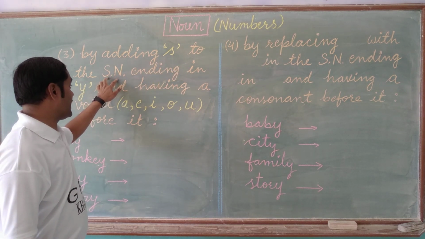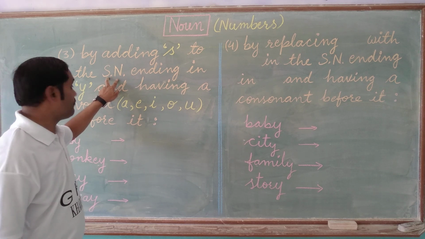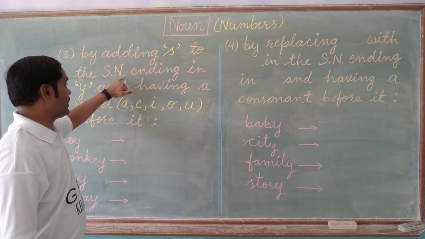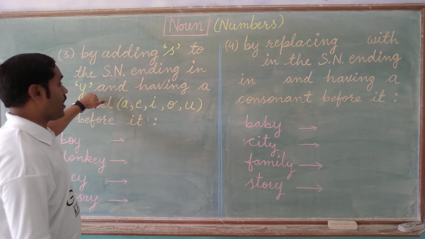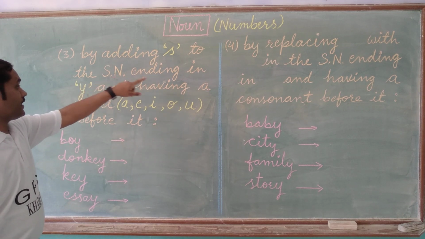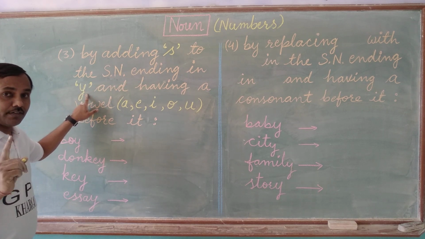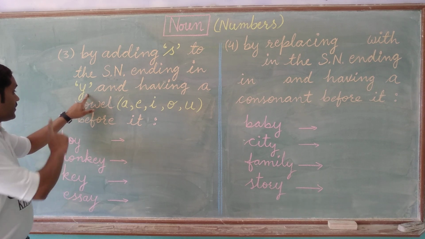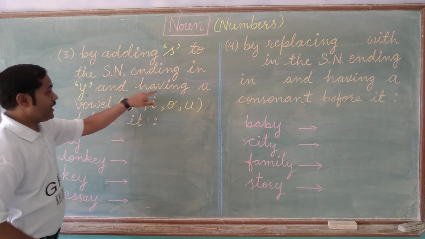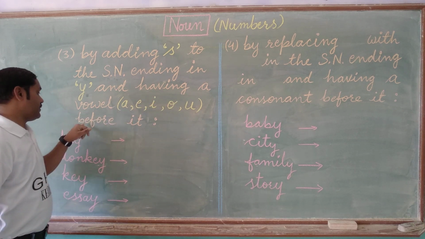The abbreviation SN represents singular noun. By adding S to the singular noun ending in Y. Yes. If singular noun is ending in Y, this is a different type of case. The spelling is ending with Y and having a vowel before it.